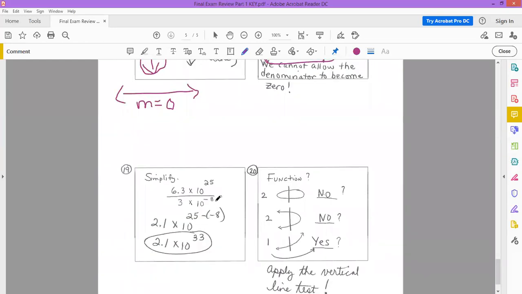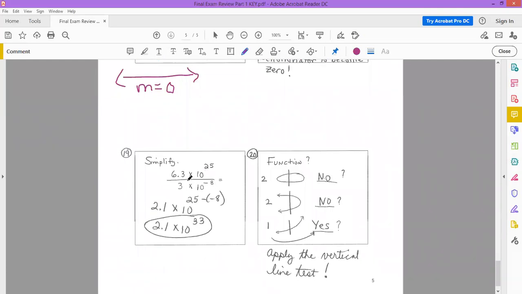Number 19, we have scientific notation: 6.3 times 10 to the 25th power, divided by 3 times 10 to the negative 8th power. First, looking at the decimals here, 6.3 divided by 3 gives you 2.1. And then 10 to the 25th power divided by 10 to the negative 8th power. You keep your base and you subtract the powers.